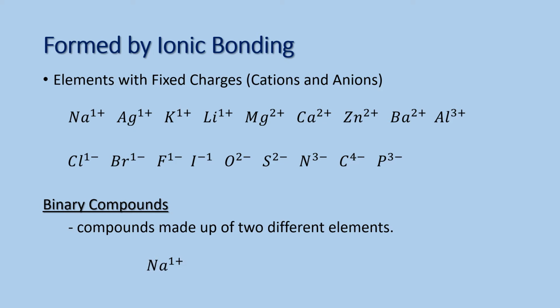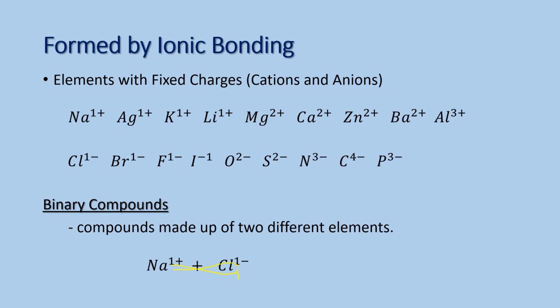So for example, we have sodium, a cation with a positive charge of 1, and chloride, an anion with a charge of -1. If we're going to crisscross their charges, meaning the charge of sodium +1 will just become the subscript of chlorine, and 1 here of chloride will become the subscript of sodium.